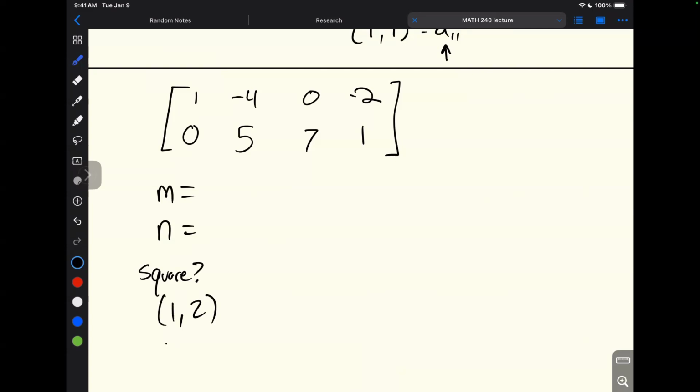What's 1, 2? What's 2, 3? What's 2, 2? Think about it for a second.